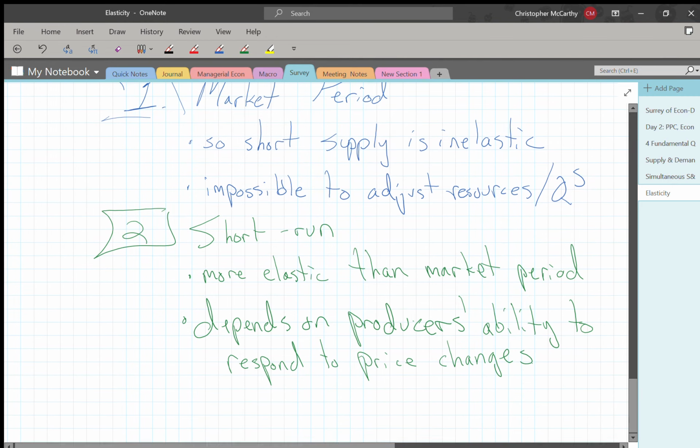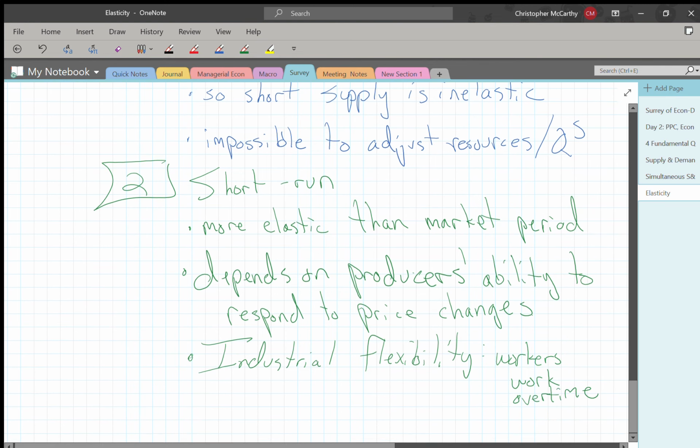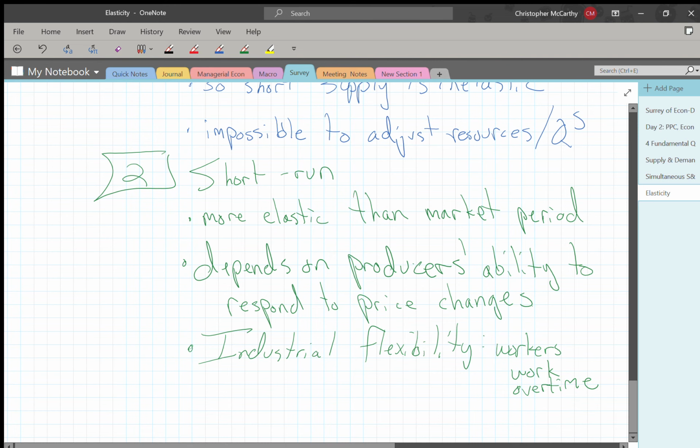So, industrial producers, right, they have some flexibility. An example would be having workers work overtime, or bringing in an extra shift. Bringing in a third shift.